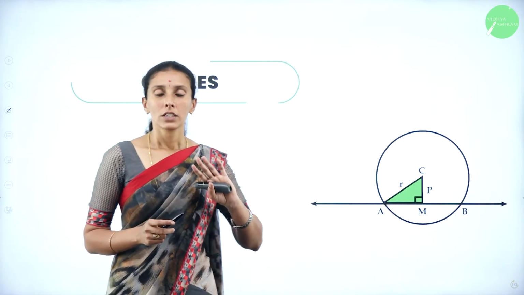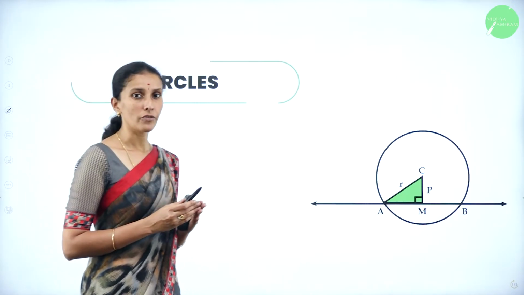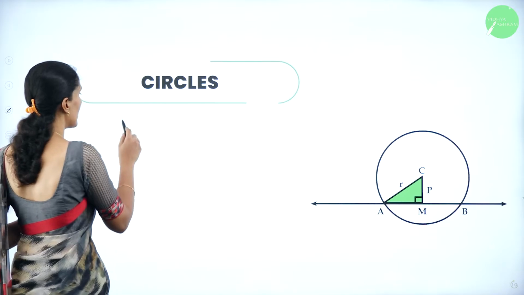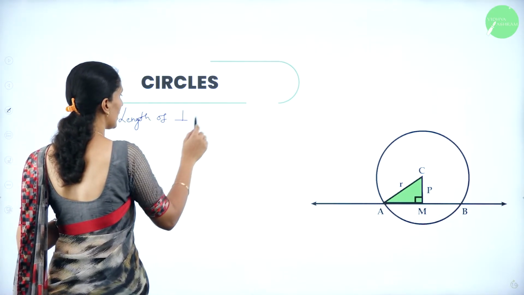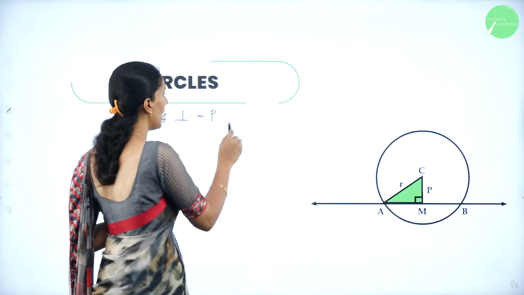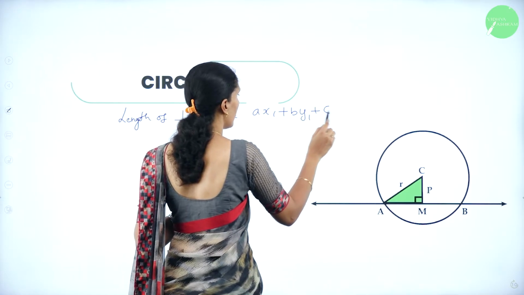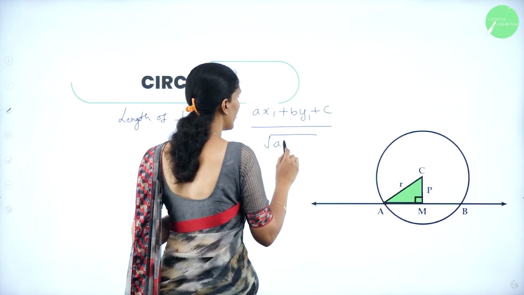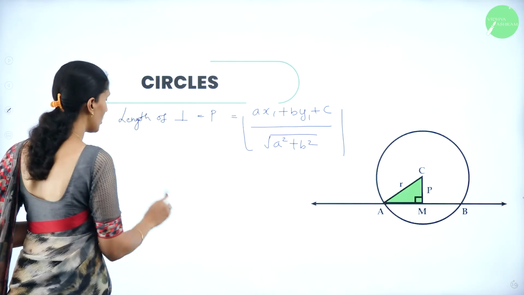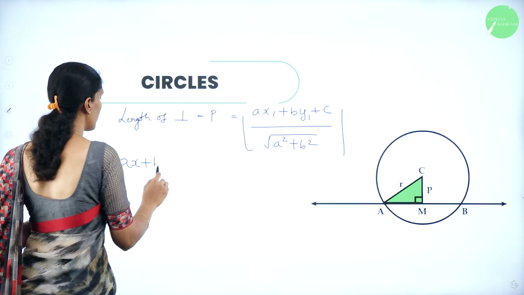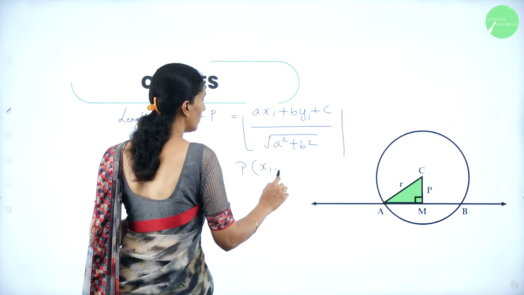And how is the perpendicular distance of a line calculated? As in the case of straight line, you have already learned, the length of perpendicular, that is p, is always given by the formula |A x1 plus B y1 plus C| divided by square root of A square plus B square, where the equation of line will be ax plus by plus c is equal to 0 and the point will be x1 comma y1.